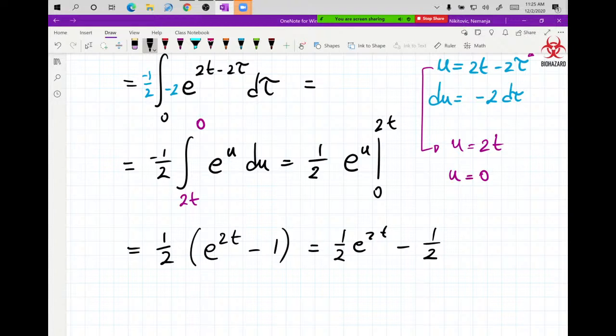And essentially what this does is it bypasses the partial fraction decomposition and the use of inverse Laplace transform to solve the problem. So that takes care of that part.